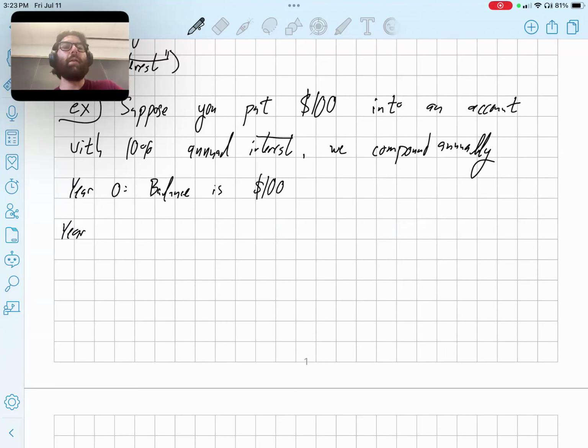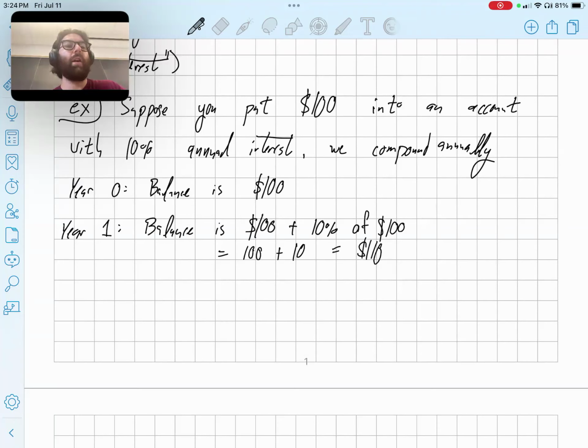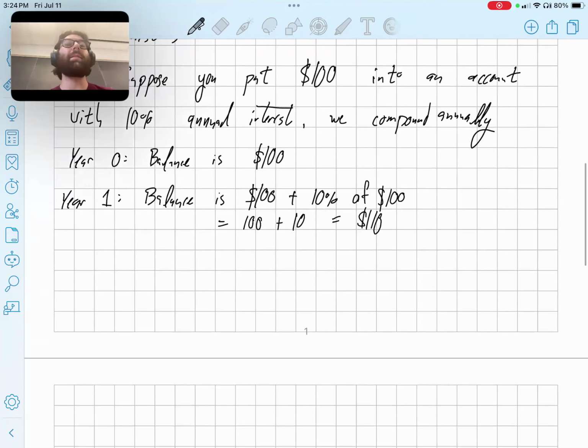After year 1, the balance is $100 plus our interest, which is 10% of $100. So this is 100 plus 10, which is $110. So between year 0 and year 1, we get $10. This is exactly the same for this first year as if we did simple interest.